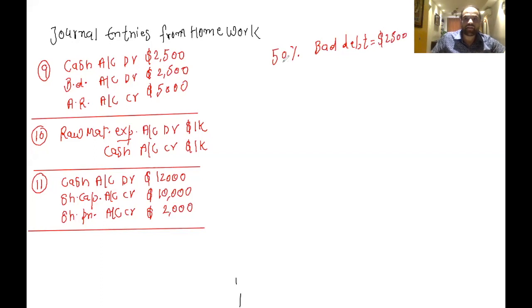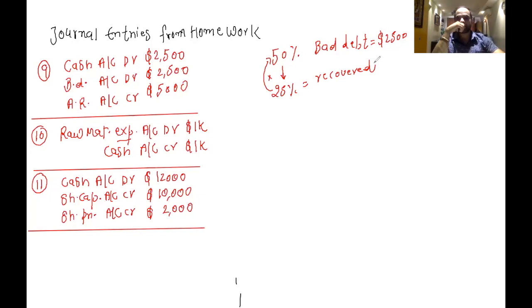In this 50%, 25% of this already paid it. It means 25% of 2,500 is recovered. You recover. That's the meaning of number 12.